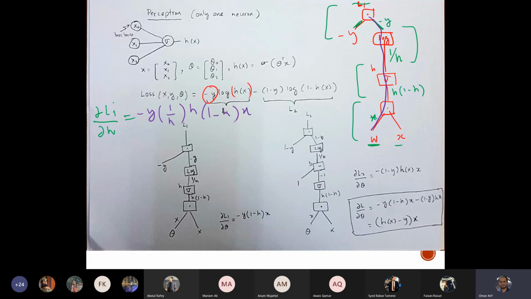Once you simplify this, you are left with minus y times 1 minus h times x.